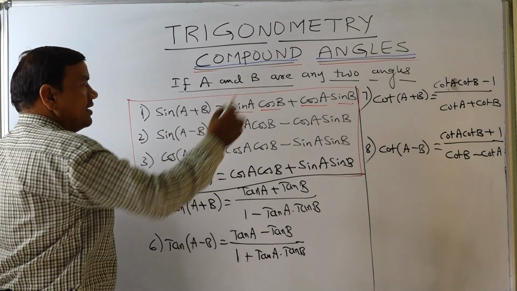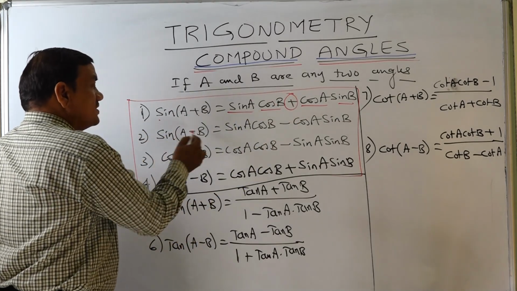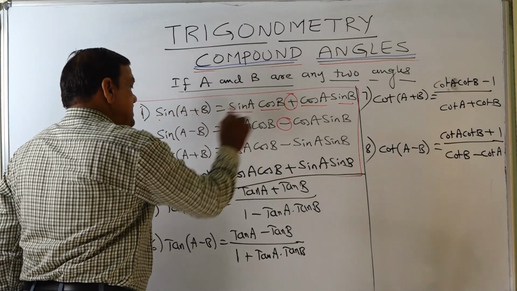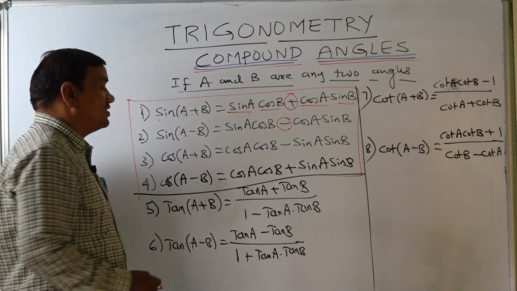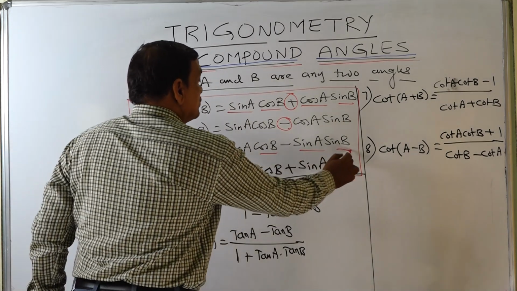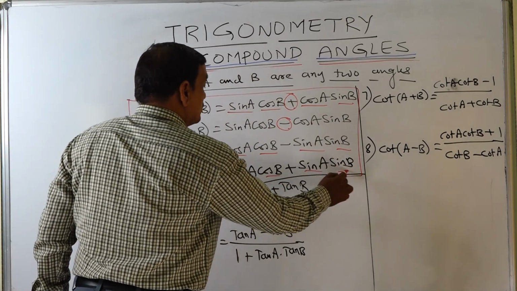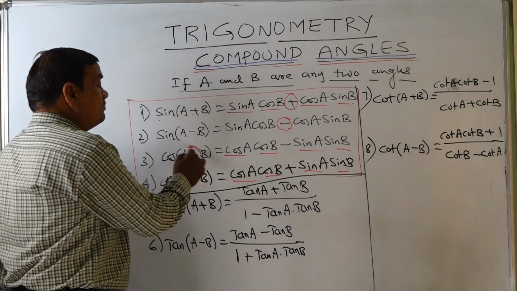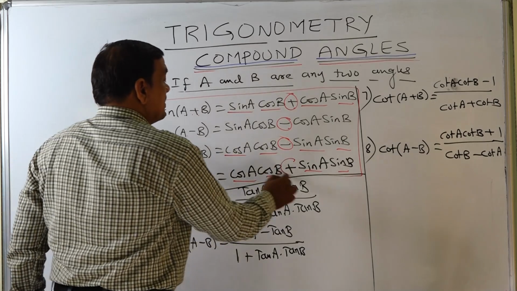If it is sin of A plus B, plus will come. If it is sin of A minus B, minus will come. For sin, the sign stays the same. But for cos of A plus B, it is both cos, both sin. Cos of A minus B also has both cos, both sin. But here the very important point is, if it is A plus B, minus will come. If it is A minus B, plus will come.